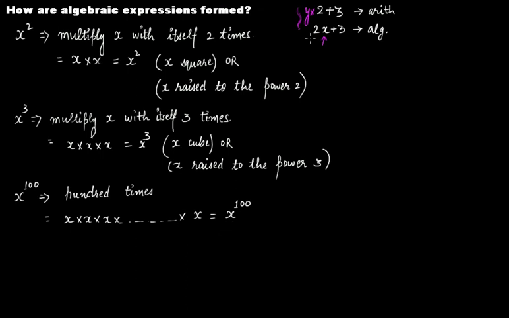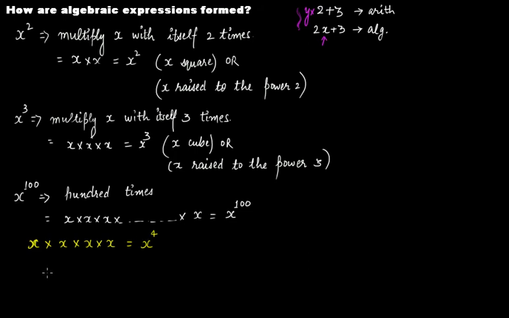So if somewhere it is written like this, x times x times x times x, how will you write this in the form of an algebraic expression? How many x do we have? 1, 2, 3 and 4. So x raised to the power 4.